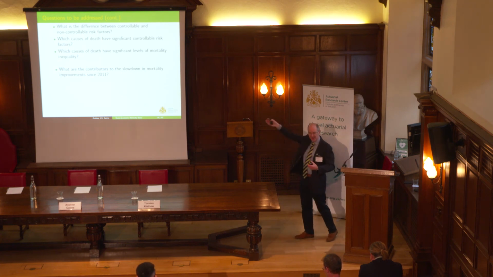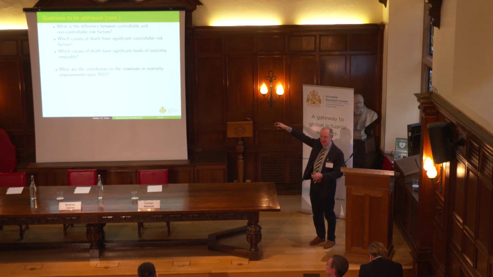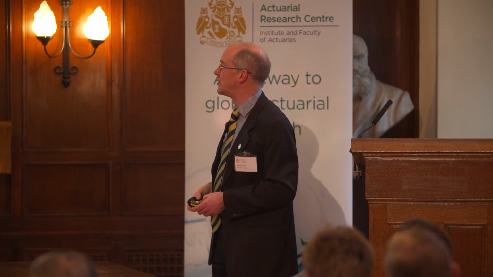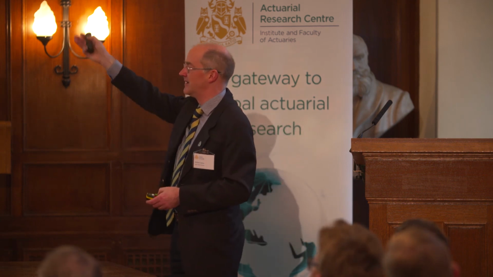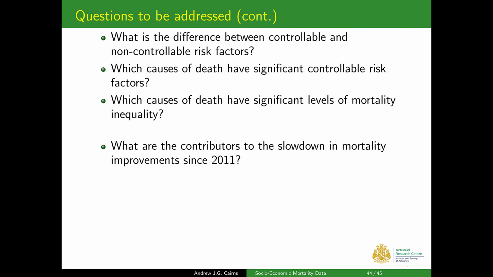So what we're trying to do with this, and this is the final presentation today, we'll be looking at how the inequalities here link to the inequalities that we will see at the all-cause level. And then, again, with the cause of death mortality, can we talk about which causes of death have contributed to the slowdown in mortality improvements.